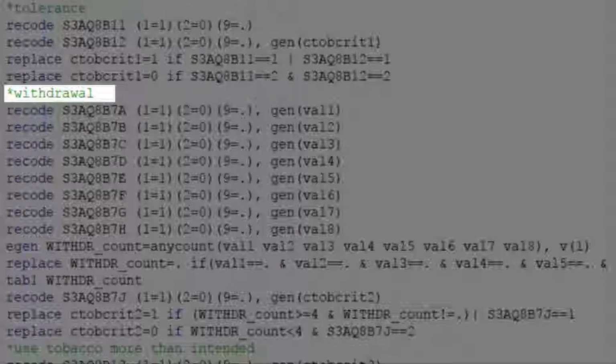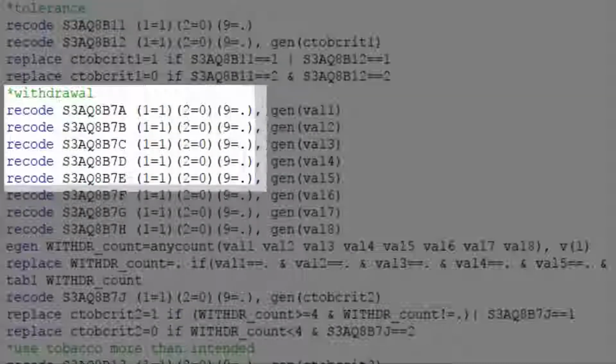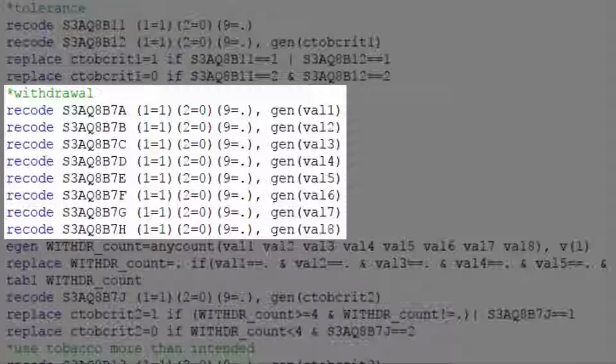The second symptom is withdrawal, and that's derived from 8 variables in NESARC. We first generate 8 variables in Stata based on the NESARC withdrawal variables. We use the same code format to set yes answers of 1 to 1, no answers of 2 to 0, and set 9 or unknown answers to missing.